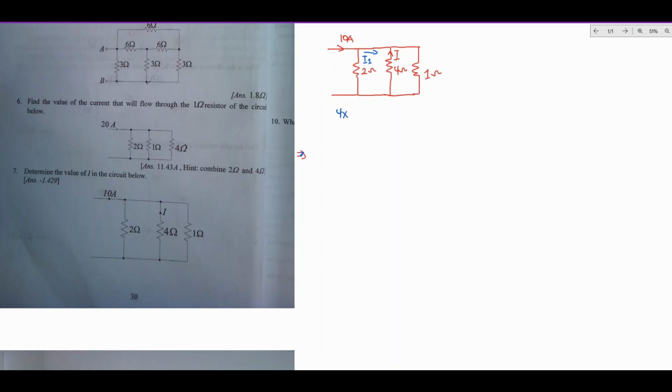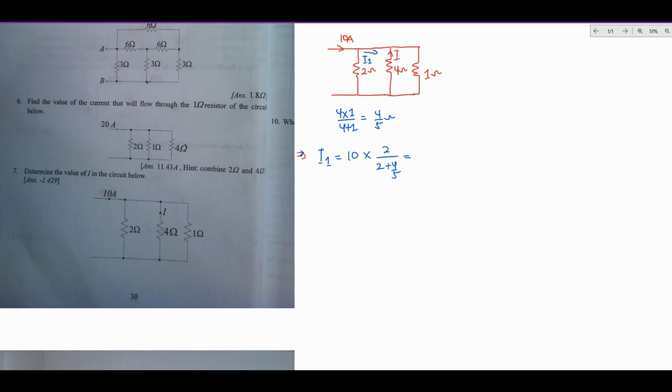So we're going to have 4 times 1 divided by 4 plus 1, which will give us a value of 4 on 5 ohms. And then this 4 on 5 ohms will be in a parallel connection with the 2 ohms. So finding I1 will be 10 multiplying 2 on 2 plus 4 on 5, just like the previous question that we solved.